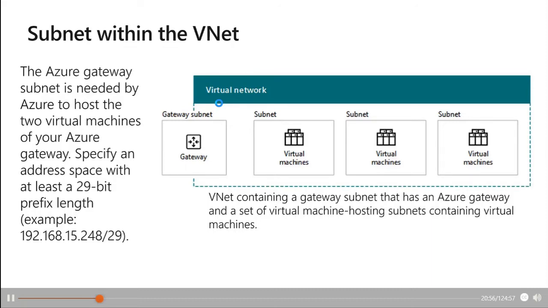But usually, if you go with the defaults, you get around 64 to 65,000 IP addresses. That's just too much to manage on its own. So what I can do is create smaller subsets of that big range of IP addresses, and we call them subnets.